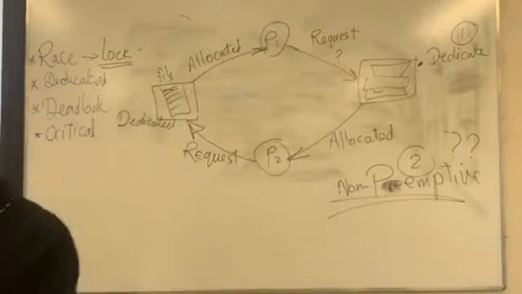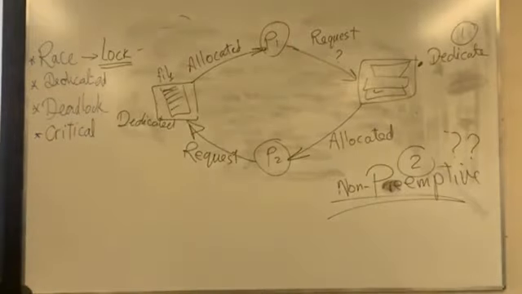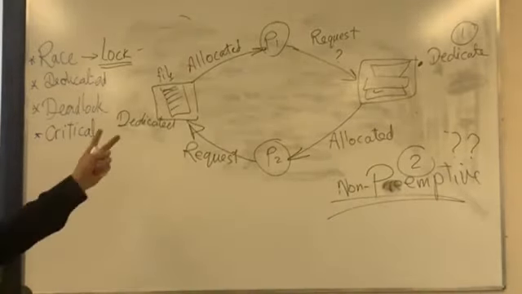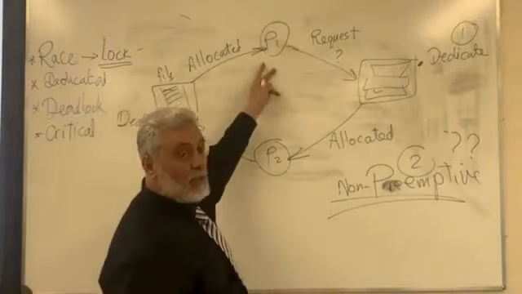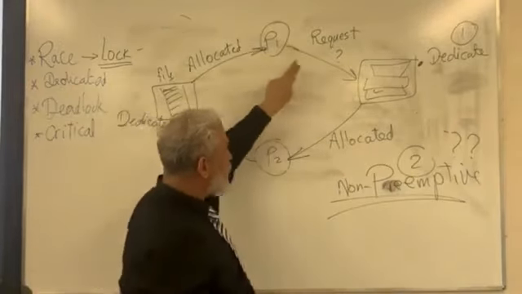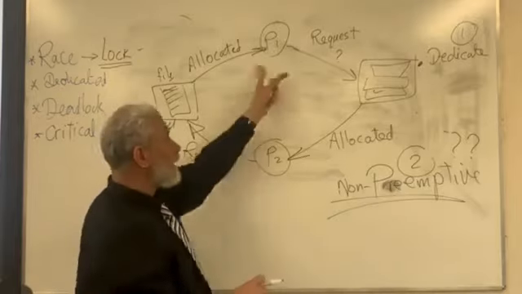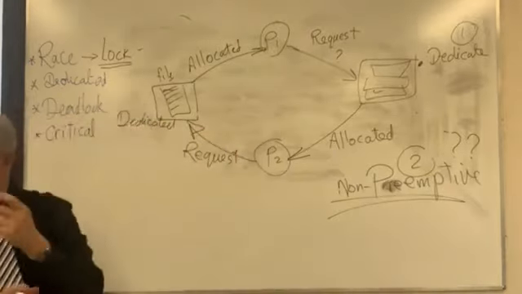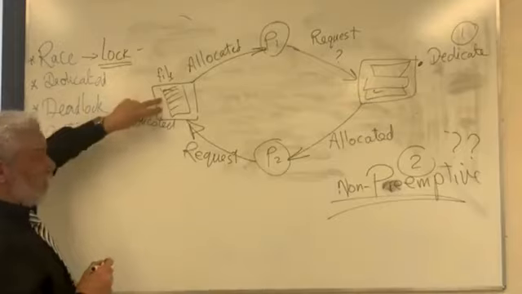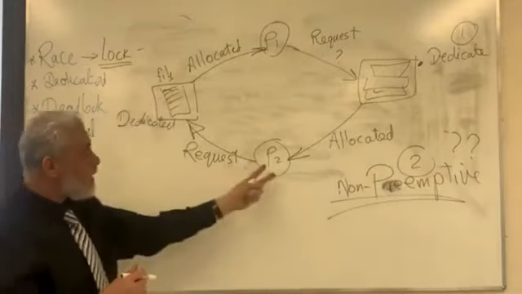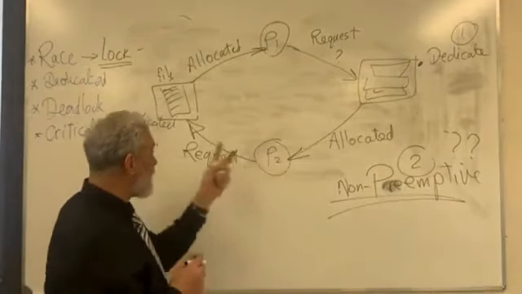If we don't allow a process to have a resource and wait for another resource while holding this resource, if we say, no, you cannot hold it, release it until they're all available, then if this resource becomes free, then this guy here comes in, with the printer, and says, can I have the file?